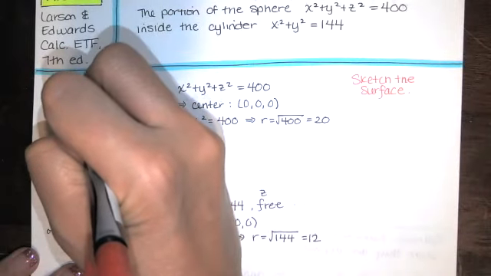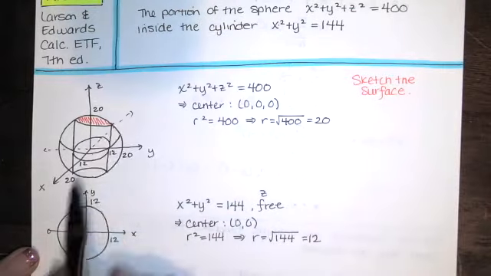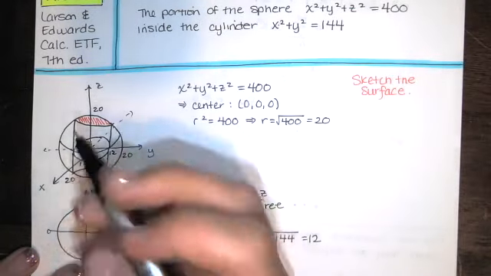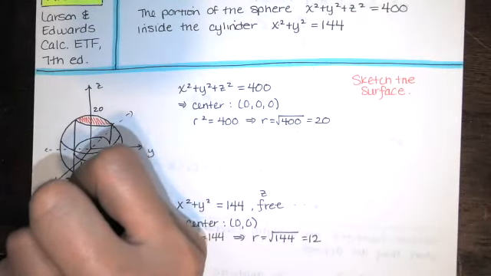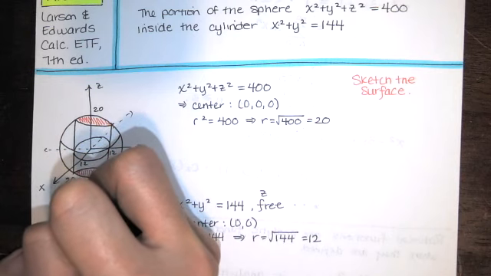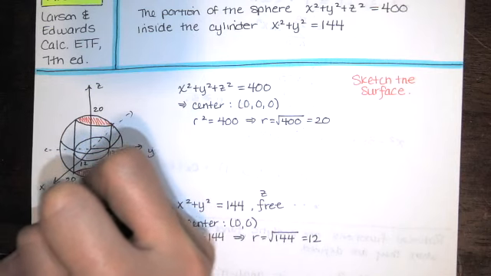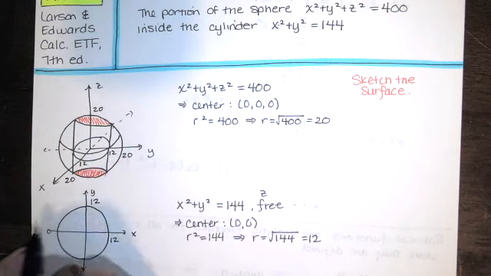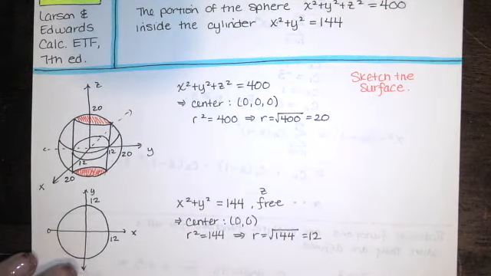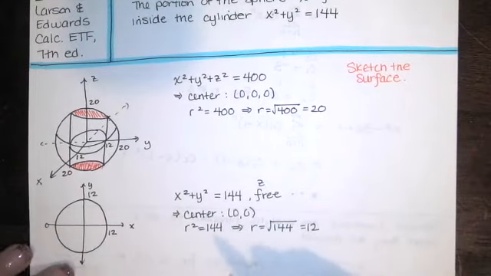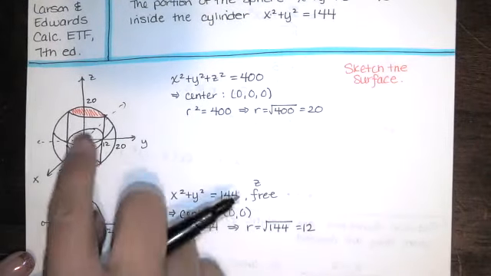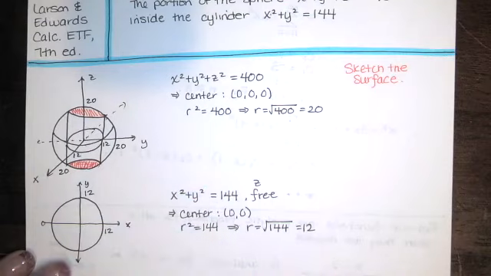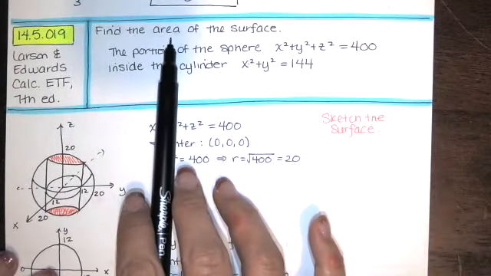What we want is the area of that portion of the sphere inside that cylinder of radius 12. So it's like a little cap of that sphere, and we're going to have a cap at the bottom as well. Okay, so that's the surface that we're looking for the area of.